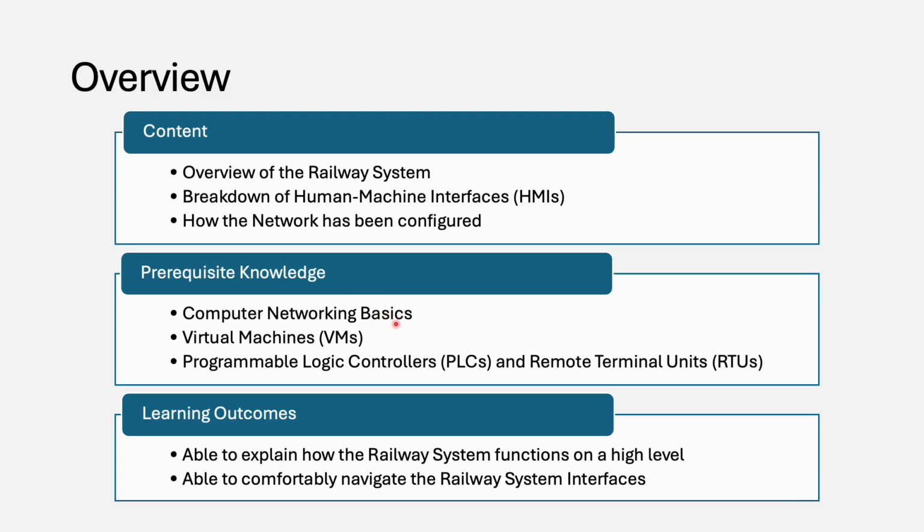We will also assume that you understand how programmable logic controllers, PLCs, and remote terminal units, RTUs, work. If you do not know these, please watch the previous training video so that you can follow along with this video. By the end of this video, you will be able to identify and explain how the railway system functions on a high level and be able to comfortably navigate the NCL railway system interfaces.